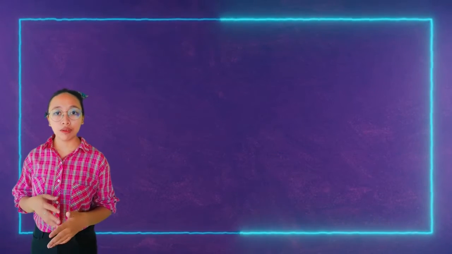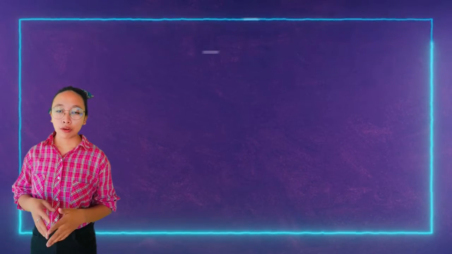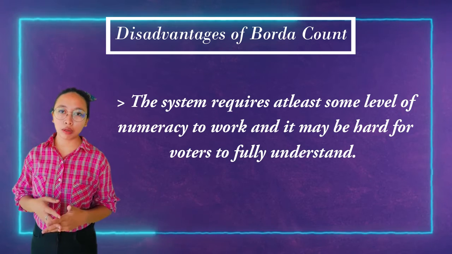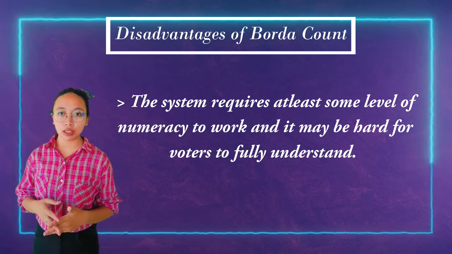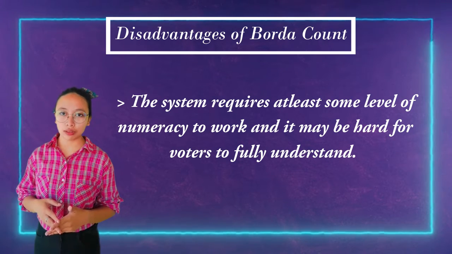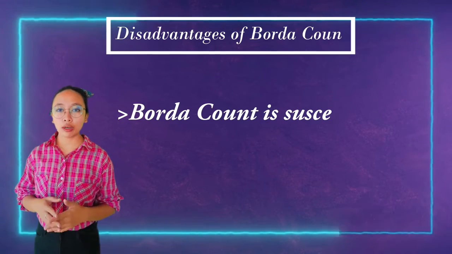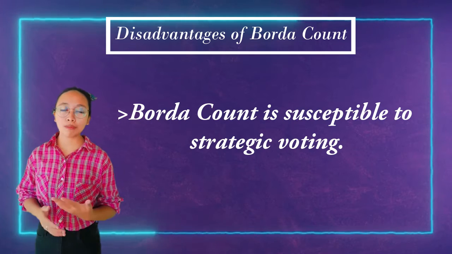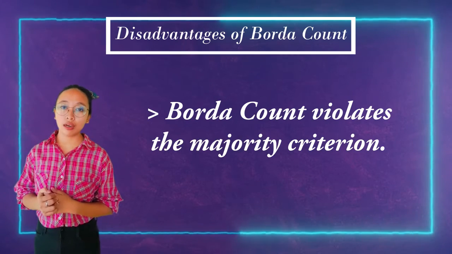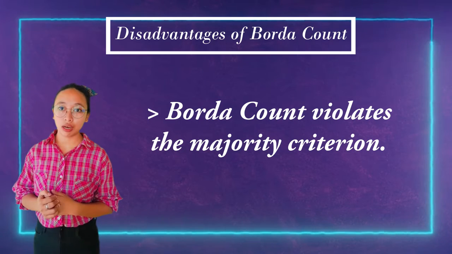As for the disadvantages of Borda count, first, this kind of electoral system requires some level of numeracy to work, and it may be hard for voters to fully understand. Second, Borda count is susceptible to strategic voting. And the last one, Borda count violates the majority criterion.